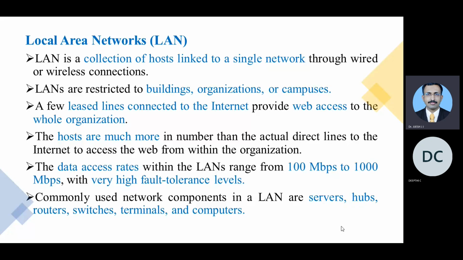You can depend on that. These are some of the components required for LAN: servers, hubs, routers, switches, terminals, and computers. These are all a combination which constitute the LAN connection.